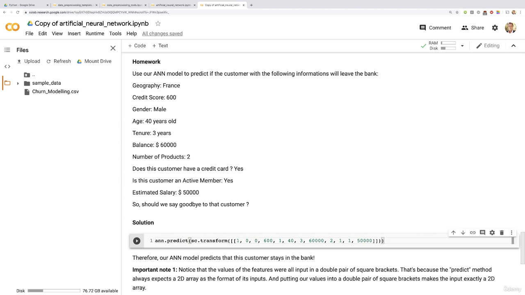But remember that when compiling our ANN with an optimizer, a loss function, and metrics, the output of our artificial neural network has a sigmoid activation function, which therefore will return this prediction in the form of a probability, meaning that instead of getting the final outcome, 1 or 0, whether the customer left or stayed in the bank, we're going to get the probability that this customer leaves the bank. But you'll see it'll be very easy to get the final prediction, 1 or 0. But first, let me show you what we get with this prediction.